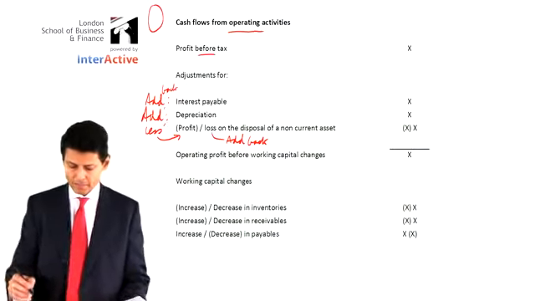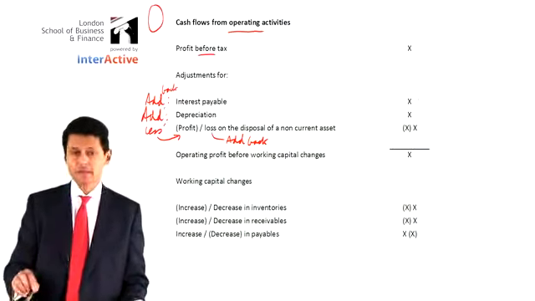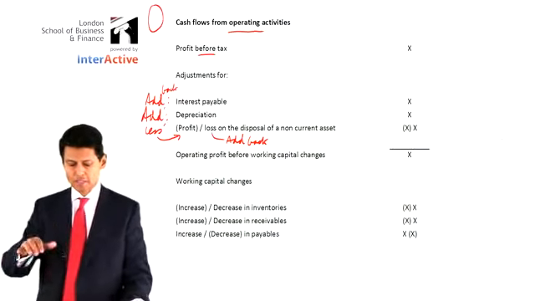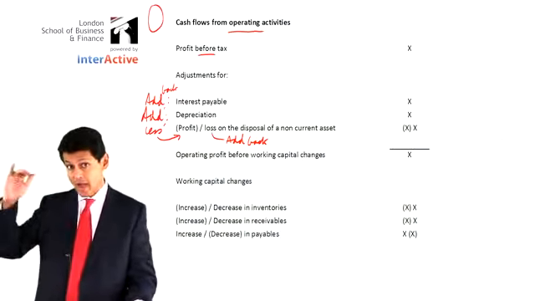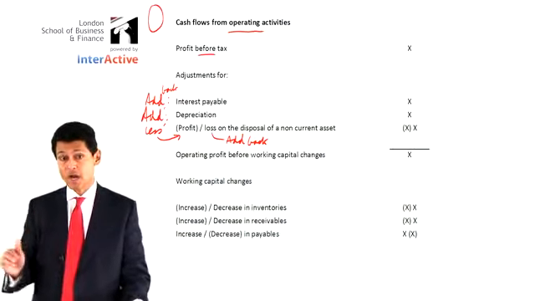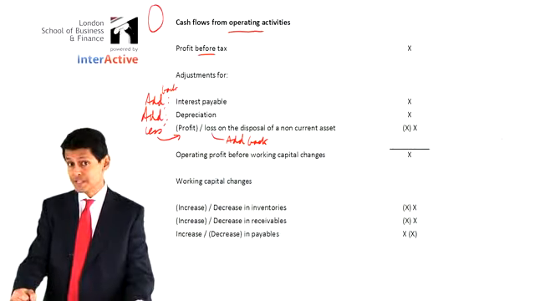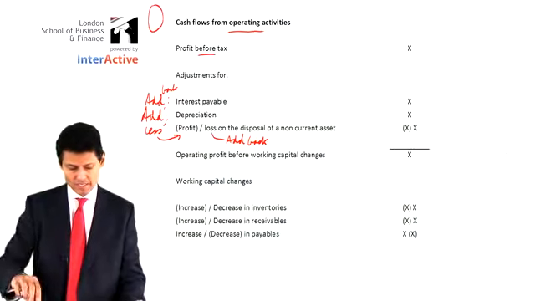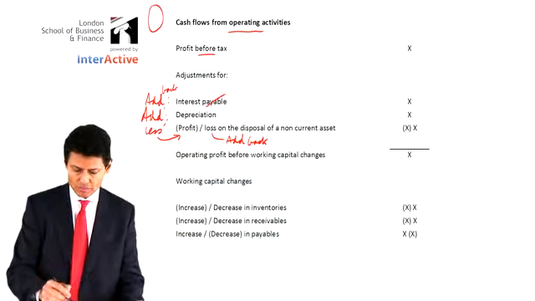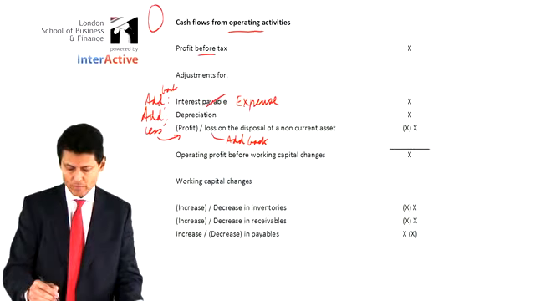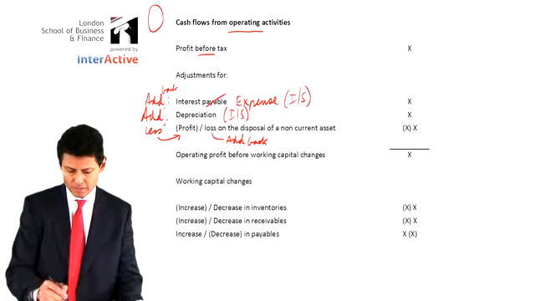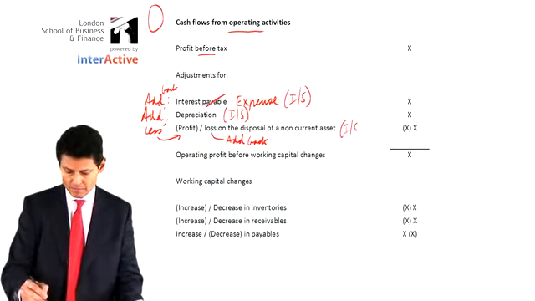Now, interest payable, you notice, is added back on the grounds that in arriving at your profit before tax, higher up the income statement, you would have charged some interest, whether paid or payable. Let's say the total interest that you charged in your income statement is what comes in here. So the word payable, probably I could use the word expense, meaning whatever went to the income statement. So that went to the income statement, the depreciation goes to the income statement, this goes to the income statement.